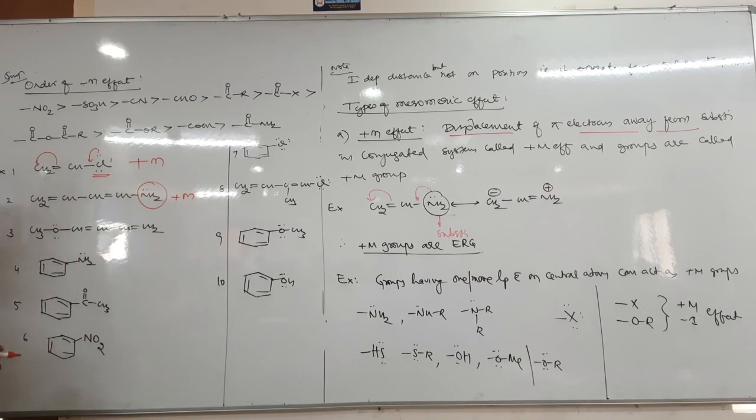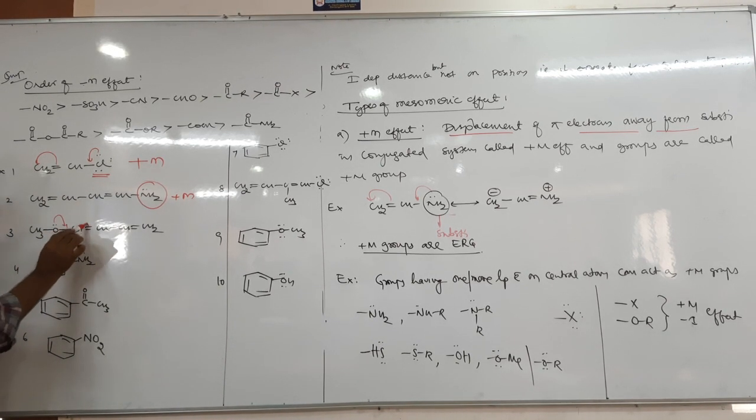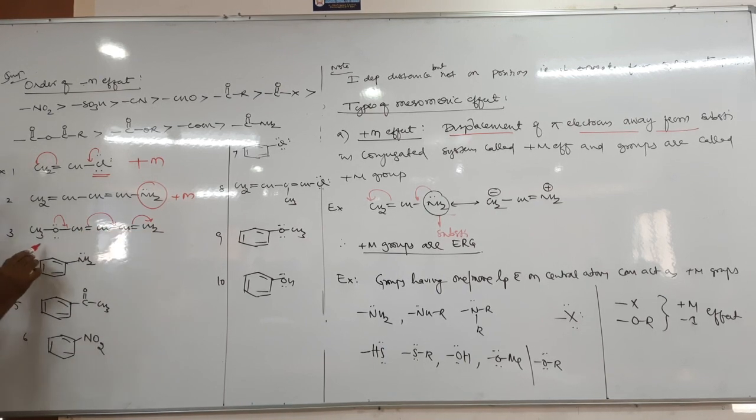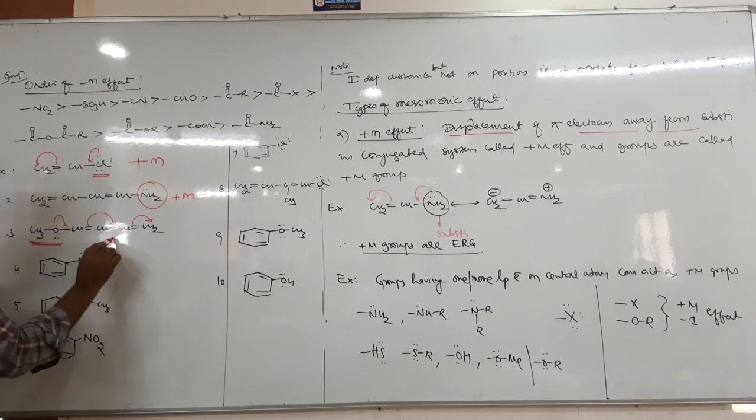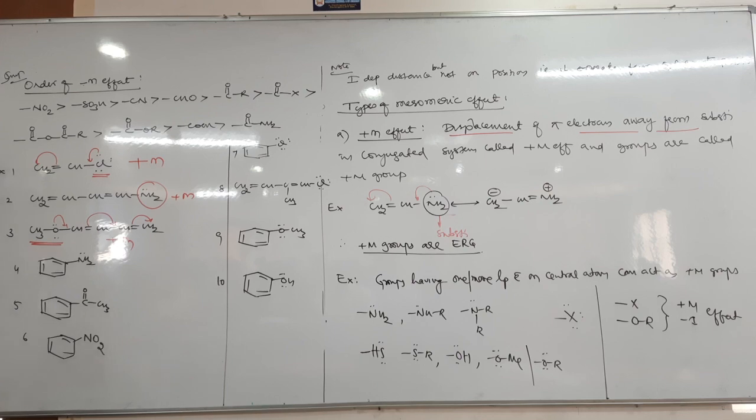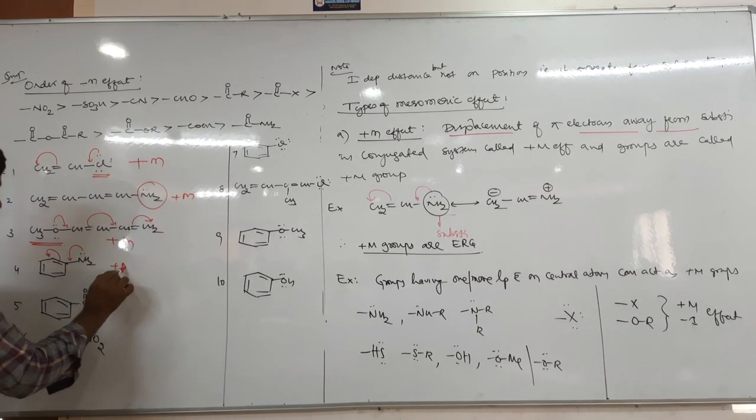Next, it is also plus M. Now this is a substituent, plus M effect. Next, it is also plus M because the lone pair is involved in the benzene ring, and then this pi electron shifts here. It is also plus M.